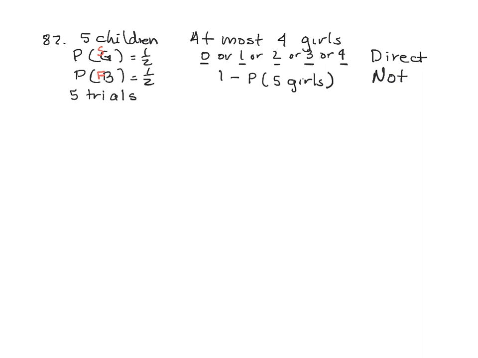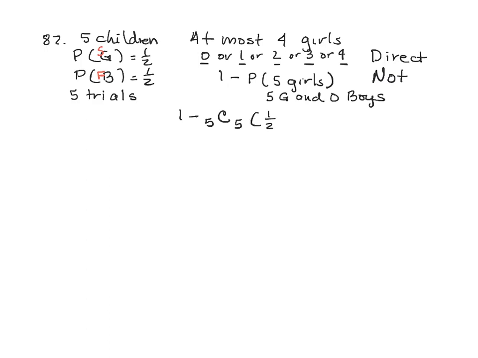So when we're talking about 5 girls, that means we're going to have 5 girls and 0 boys. Okay, so this won't be too bad to work out. So 1 minus 5, that's the number of trials, C, 5 successes.